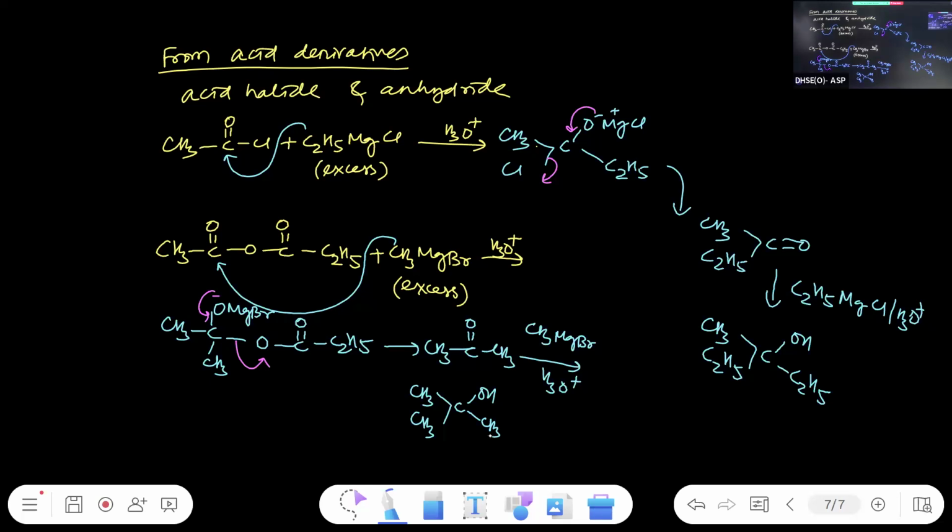Next, I already explained how to prepare alcohol from haloalkane by nucleophilic substitution reaction. It could be SN1 or SN2, depending on the nature of the haloalkane. Quickly note down, students.